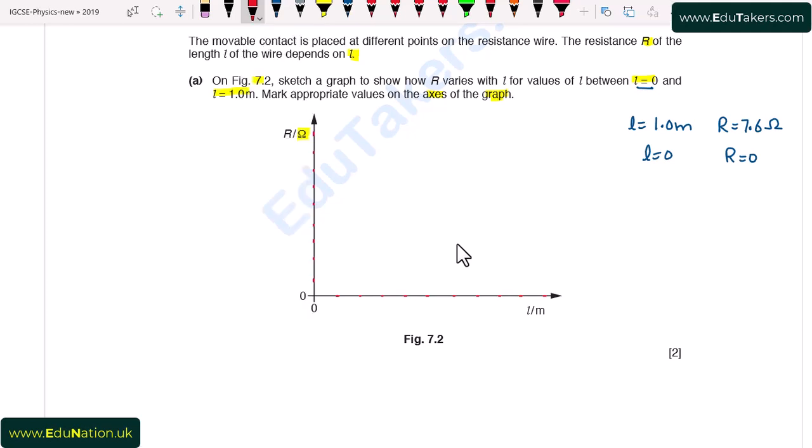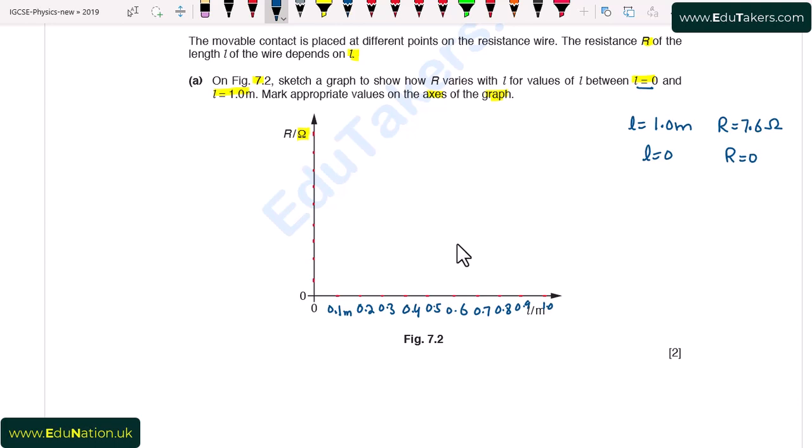So, if I consider that it is 0.1 meter, it is 0.2, 0.3, 0.4, 0.5, 0.6, 0.7, 0.8, and this is 1.0 meter.